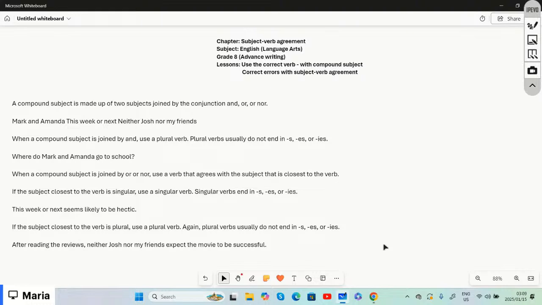A compound subject is made up of two subjects that are joined by a coordinating conjunction. Coordinating conjunctions are words like and, or, nor.